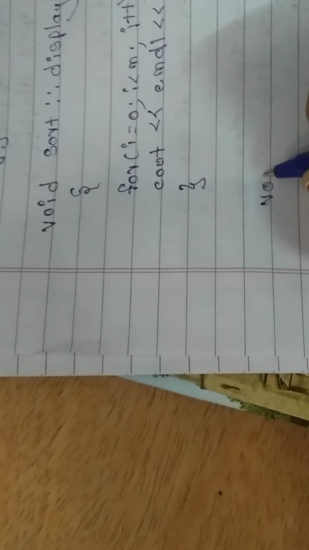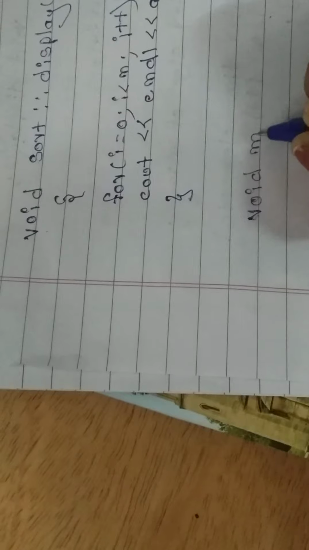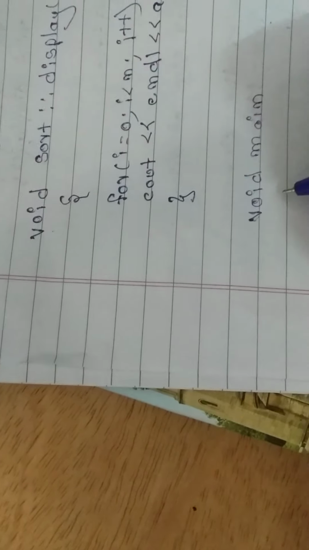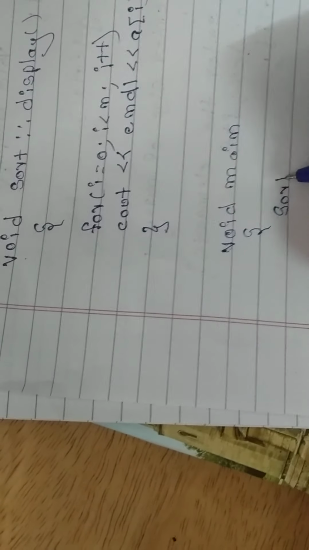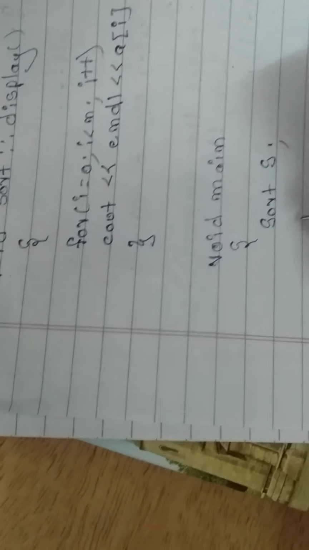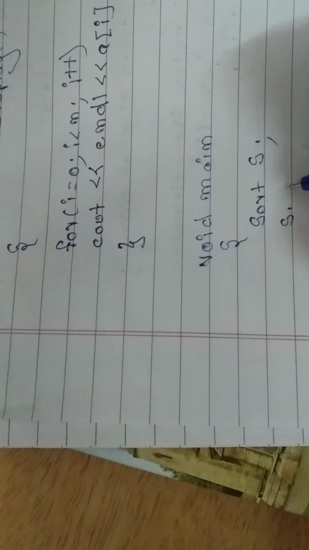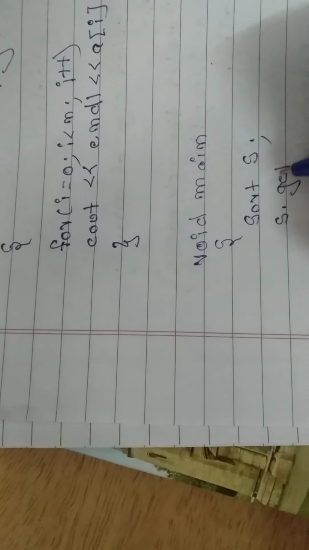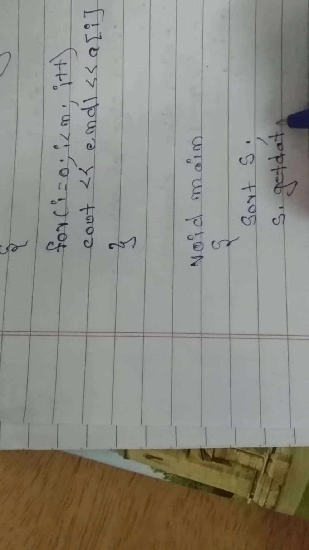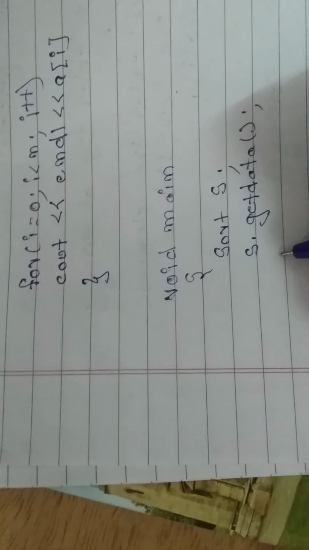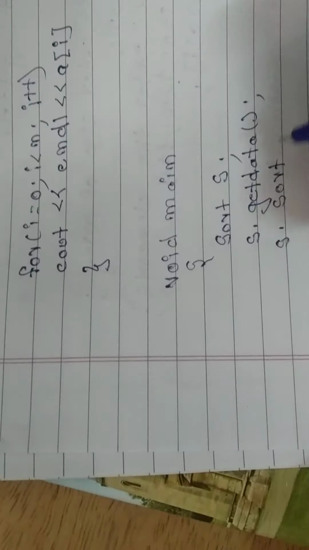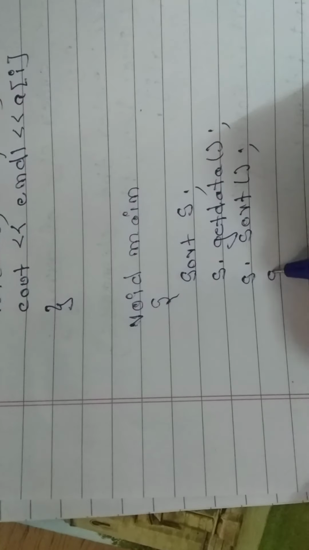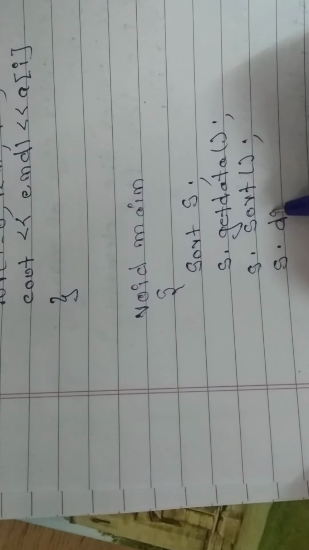Like all the programs, study the programs in order. Void main function: program execution starts from the void main function. The class name is sort. Here we will create an object. S dot get data of means it will execute that part. Then s dot sort of, the second function it will call, then s dot display of.